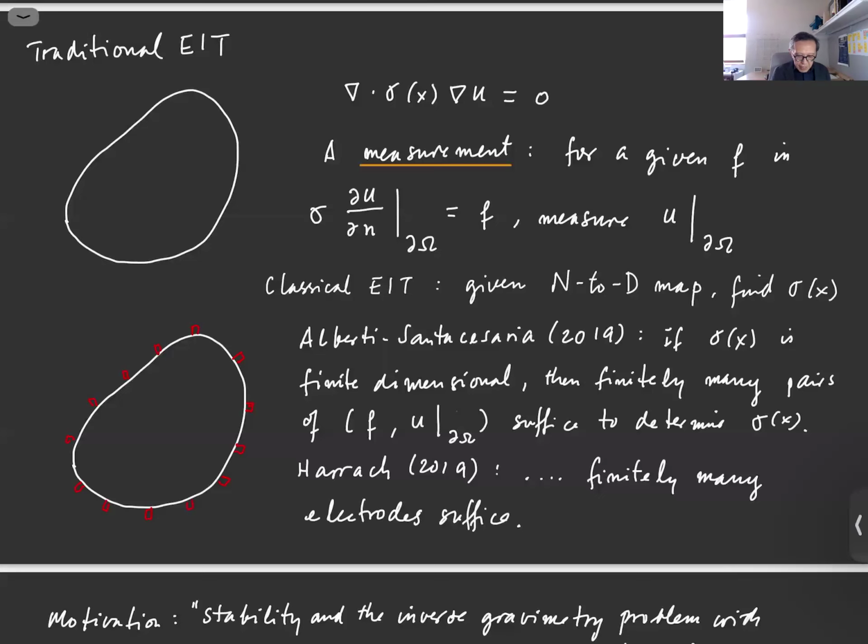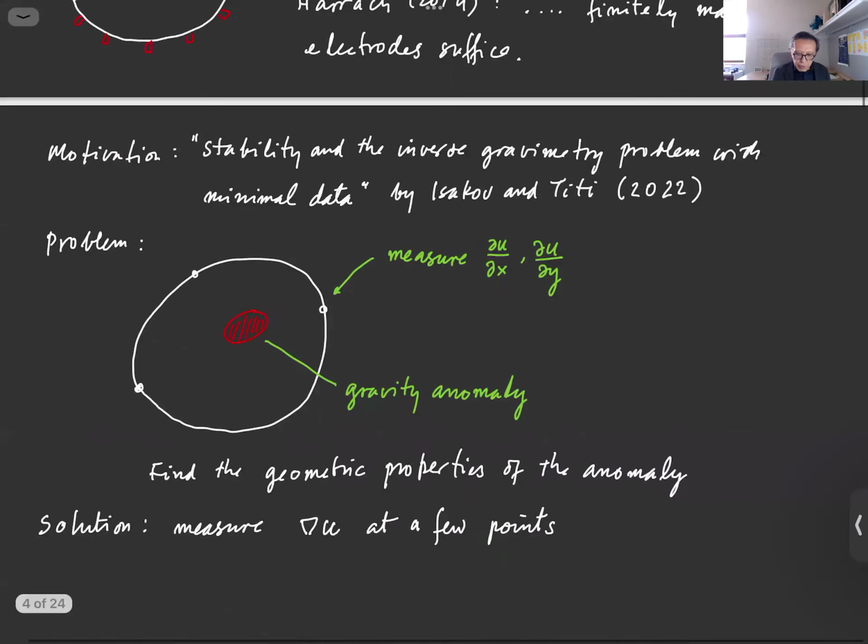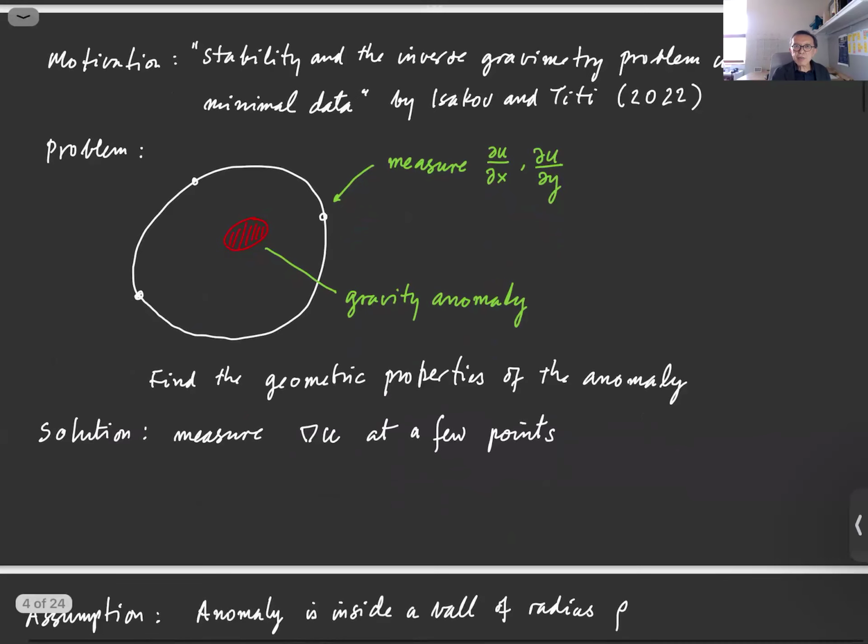Our motivation for this work comes from a paper by Isakov and Titi in 2022 in the context of the inverse gravimetry problem. In this problem, you have a gravity anomaly, and they want to measure a minimal amount of information in order to find the shape that describes this gravity anomaly.